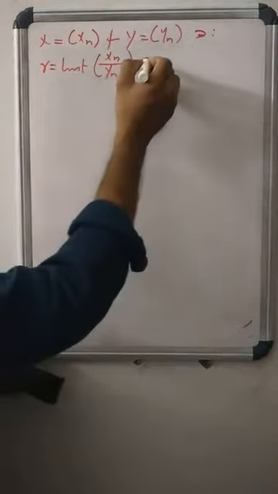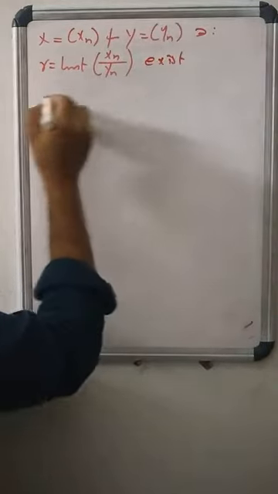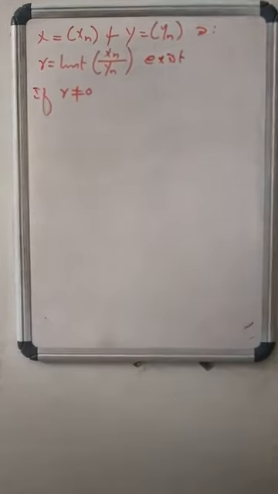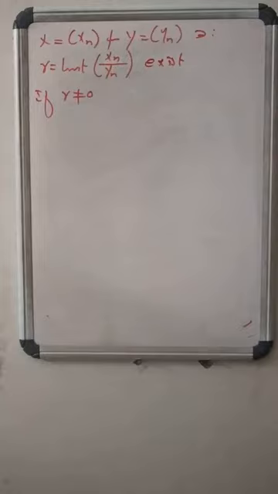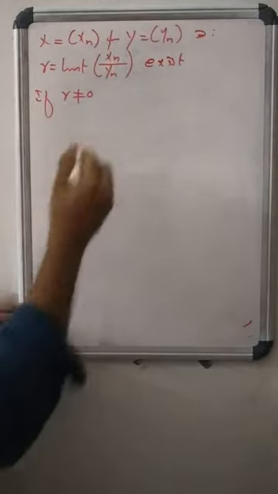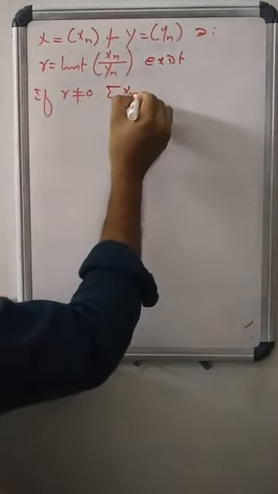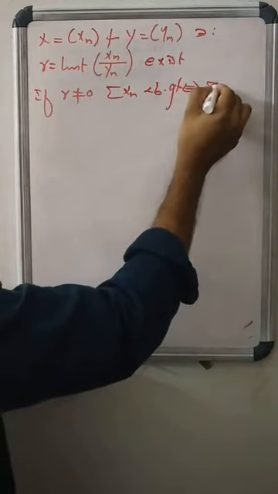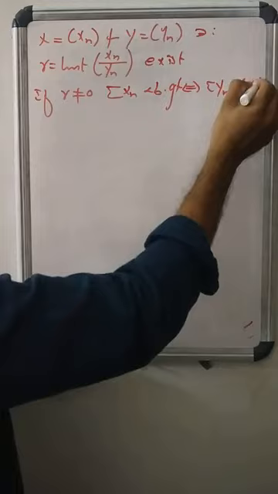Then if r differs from 0, sigma xn absolutely converges if and only if sigma yn absolutely converges.